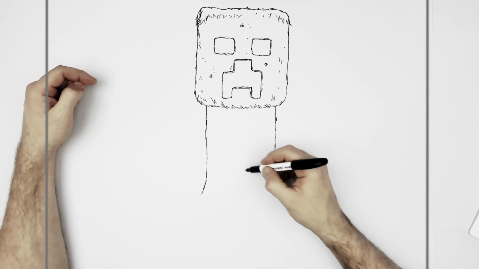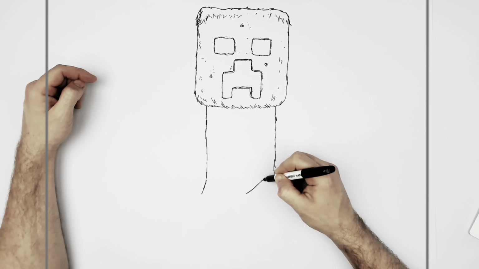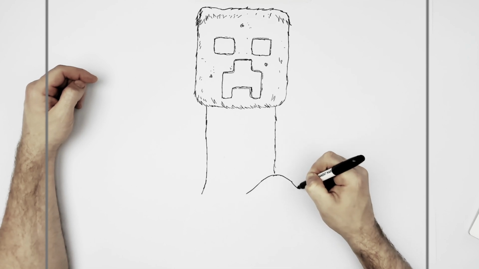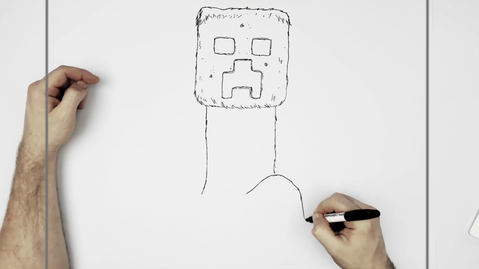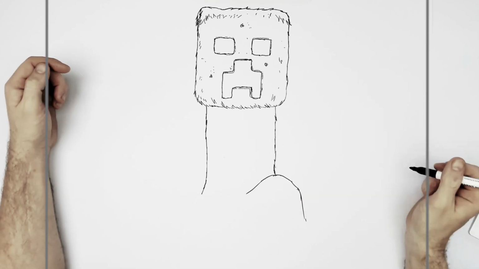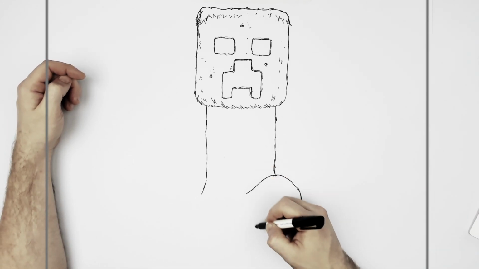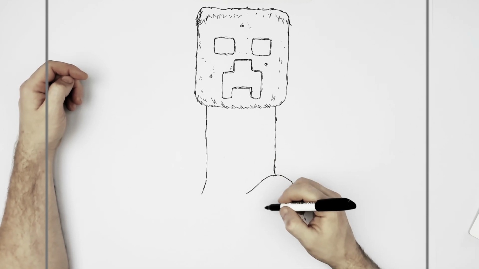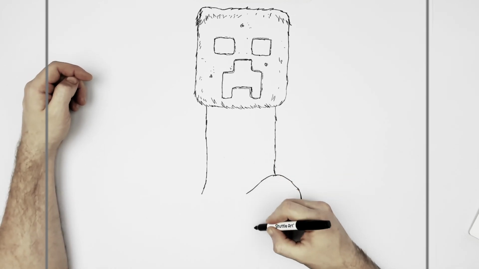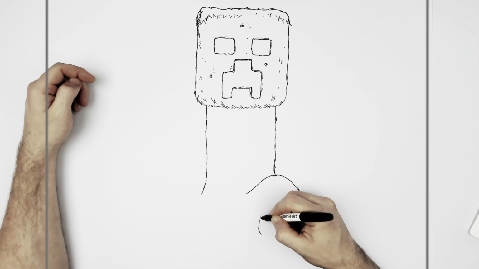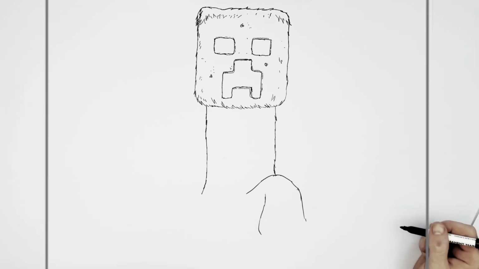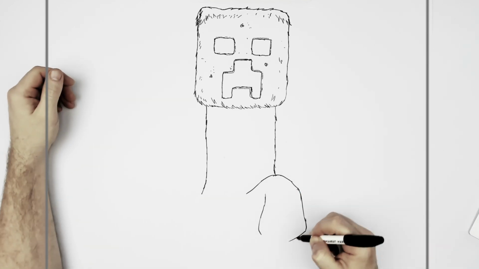So this is like he's walking towards us, right? So this leg is kind of up. And again, it's furry and textured. And then say the inside of it. There. And then the foot comes around the bottom.